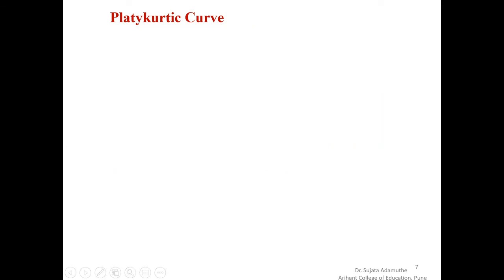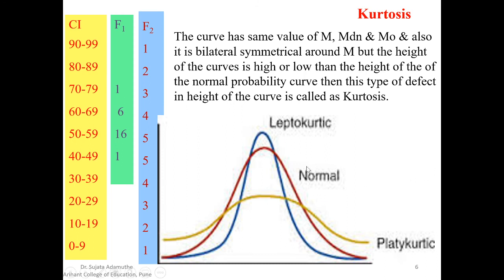We will go to the previous slide. See here, the height of that leptokurtic curve is here in the middle, but it can shift to the left side also, and to the right side also.